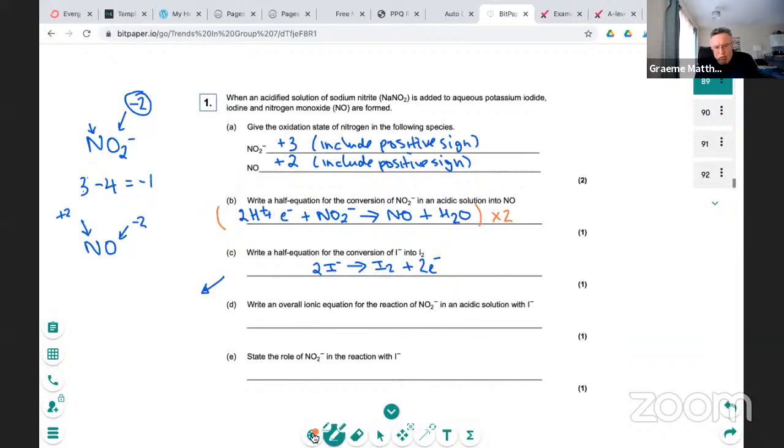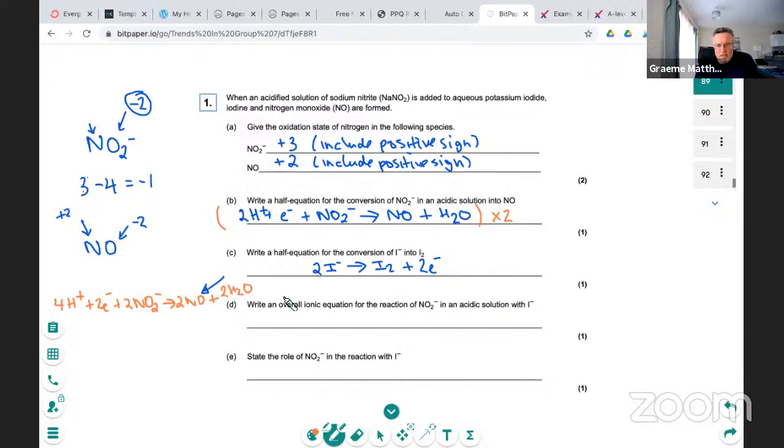So would this be, hold on, 4H plus and 2 electrons and 2 NO2 minus, arrow goes to 2 NO and 2H2O.